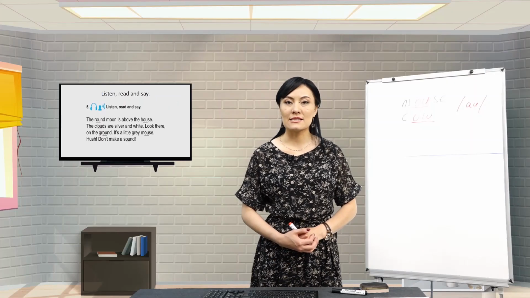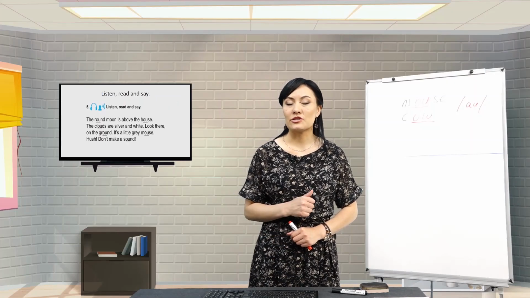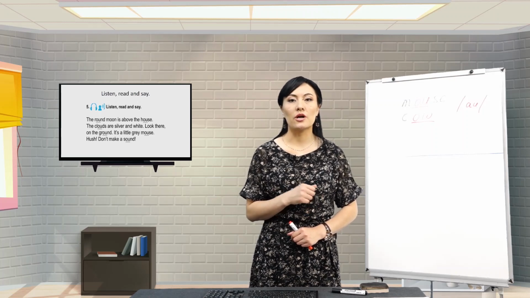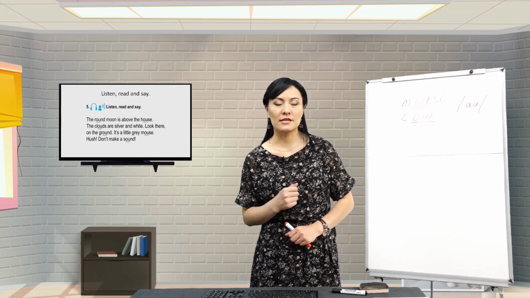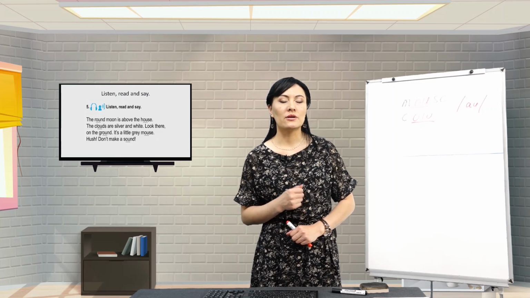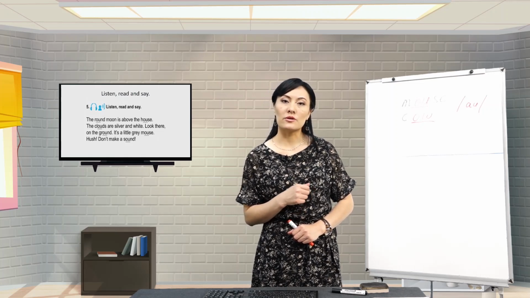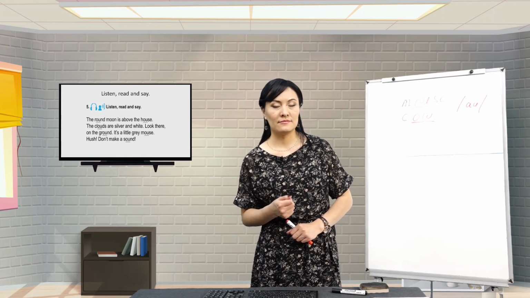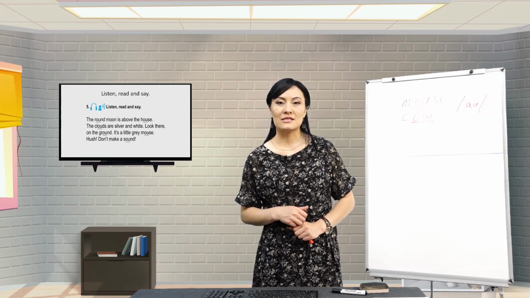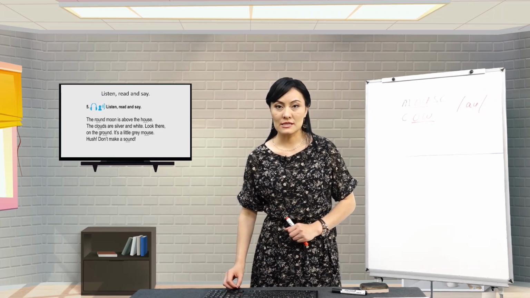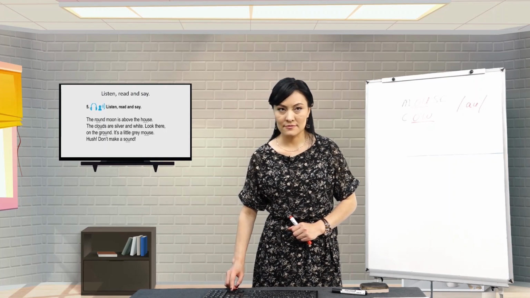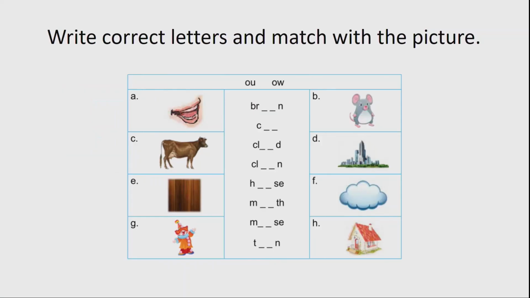In the next exercise, you write correct letters O-U or O-W. For example, clown. What do you write, O-U or O-W? Yes, it's O-W. Do this exercise individually first. Okay, we can check together.